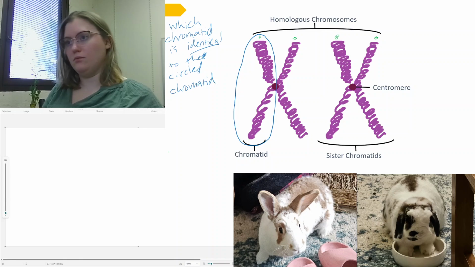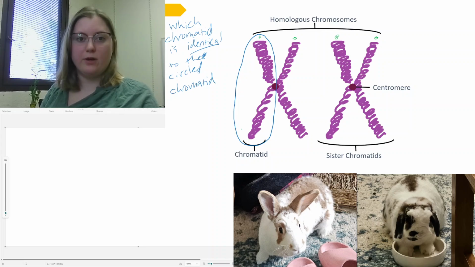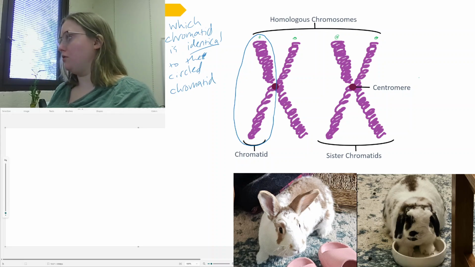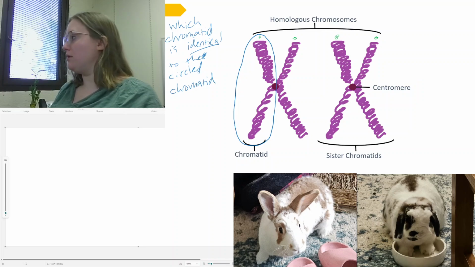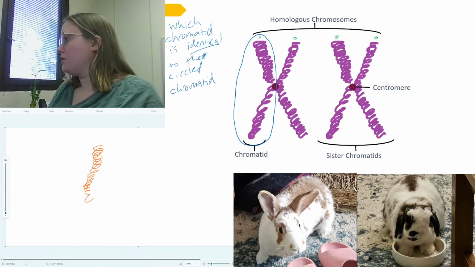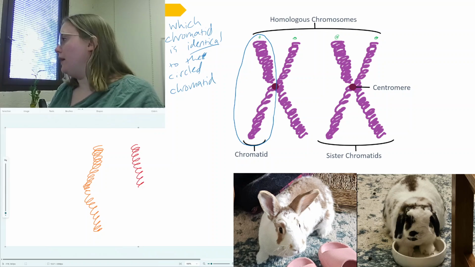Okay, so let's work this out. I'm going to go over here to paint, and we're going to look at this again with some different colors. So we'll say that's one chromosome, and that's the other chromosome, right?